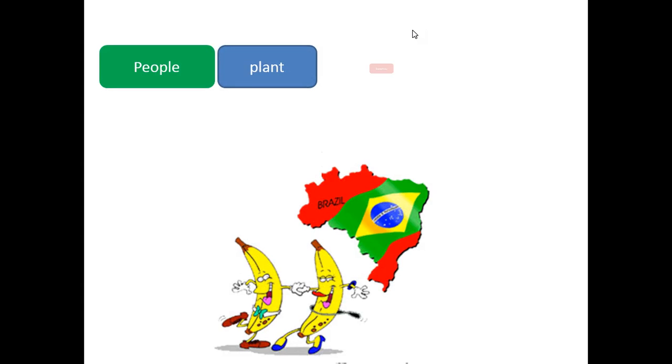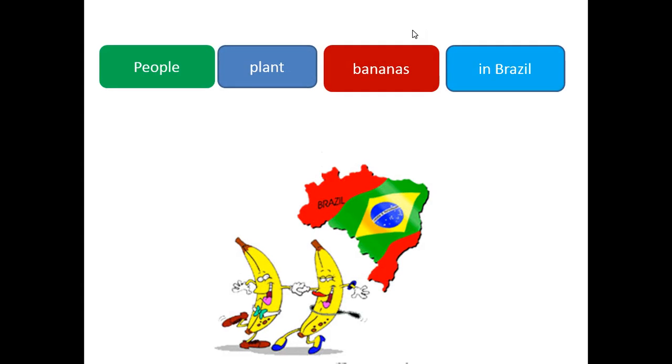Another example here, people plant bananas in Brazil. If we ask where is the object here, it is the third part of the sentence, bananas, which will become the new subject.